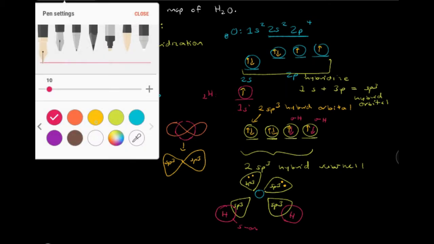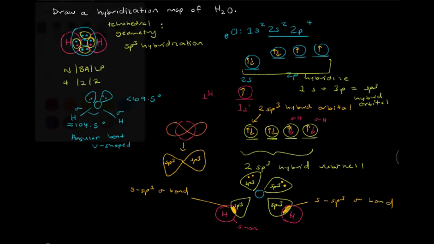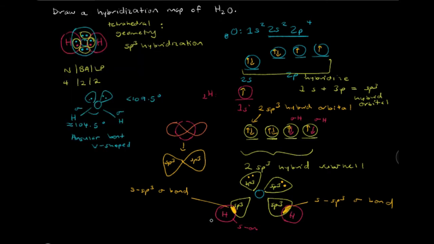So this sigma bond here, you guys should color in the overlap to show the sigma bond. This sigma bond here is an s to sp3 sigma bond. This one here is an s to sp3 sigma bond as well. Okay, and you guys can also see here that these bonds would be in the plane of the page, right?